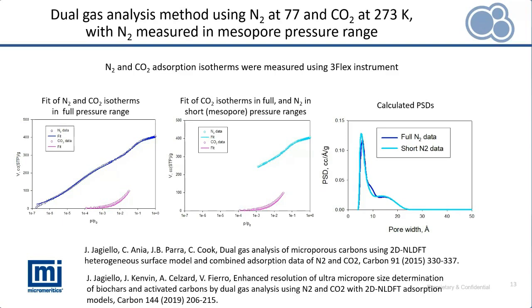This slide shows the comparison between the results obtained in two cases. In one, the full nitrogen isotherm is measured, and in the second, just a portion of the nitrogen isotherm is measured. And the calculated pore size distributions obtained from these two cases are almost identical.